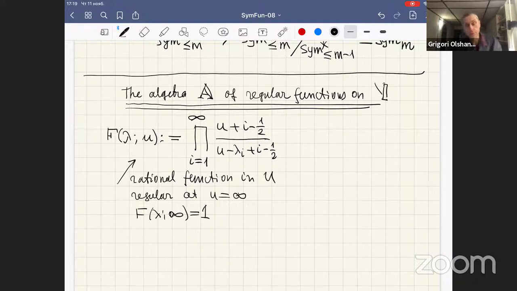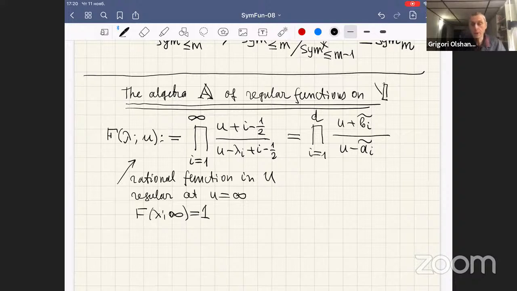It's easy to see why this happens. And I recall that this expression can be written in a different way as a finite product from 1 to d, where d is the number of diagonal boxes, and these are modified Frobenius coordinates, so the ordinary Frobenius coordinates plus 1/2.